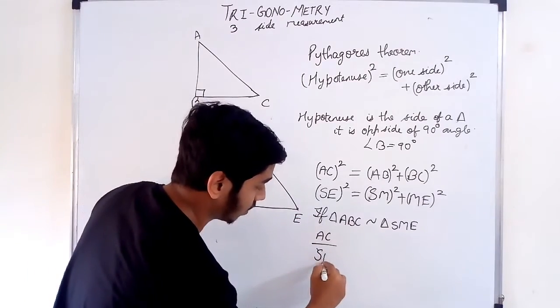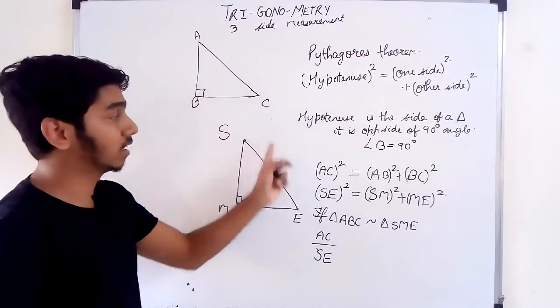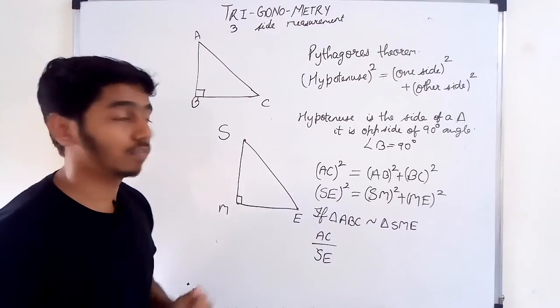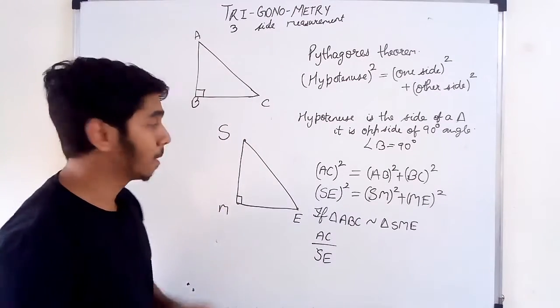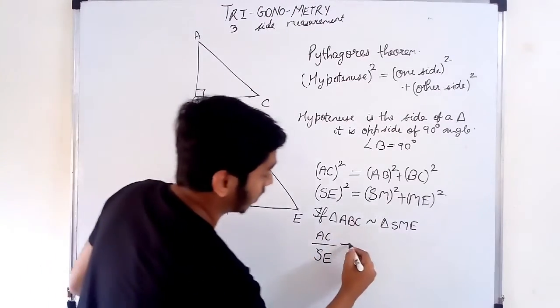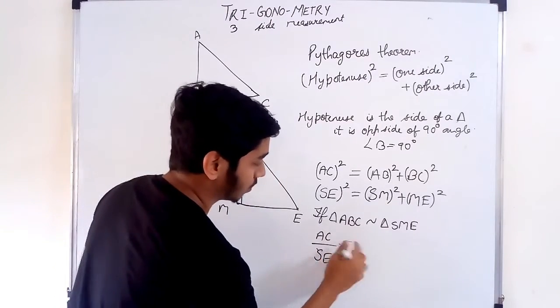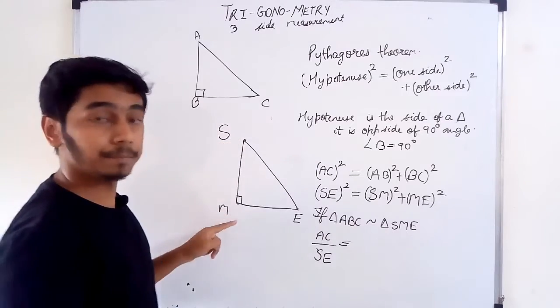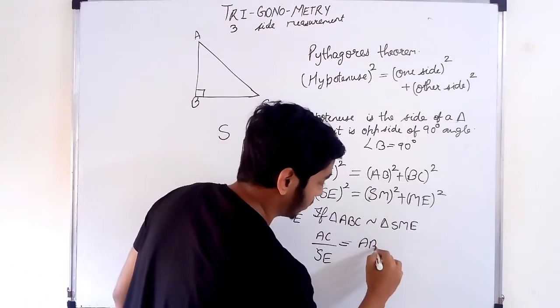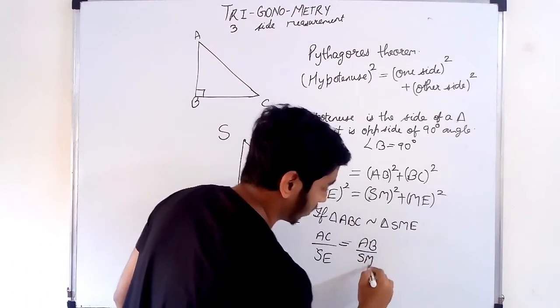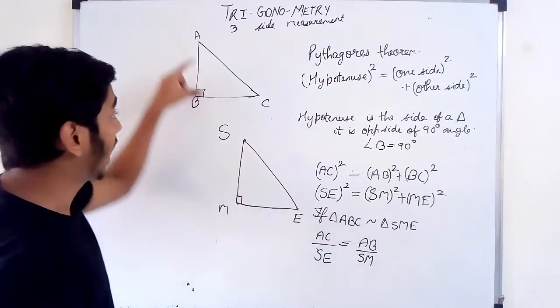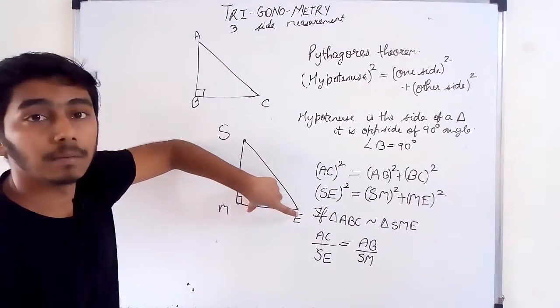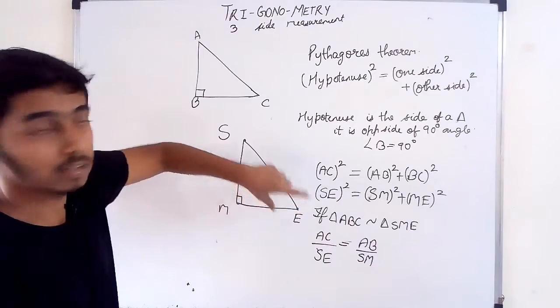So we are supposed to take the same sides of the triangle. Then this is equal to AB upon SM. I cannot say AB upon ME because this will not look similar.